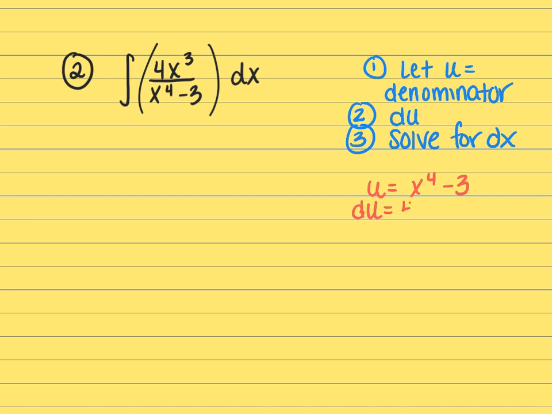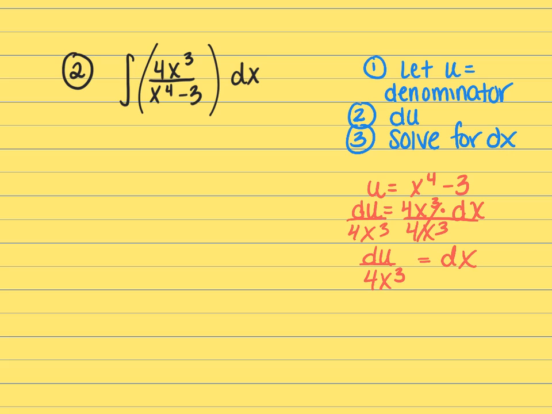Again, drop the 4 in front and reduce the power by 1. The derivative of a constant is 0, and we have to write dx next to it. Then I just need to solve for dx. So I'm going to divide by 4x to the third. So du over 4x to the third is what dx is.